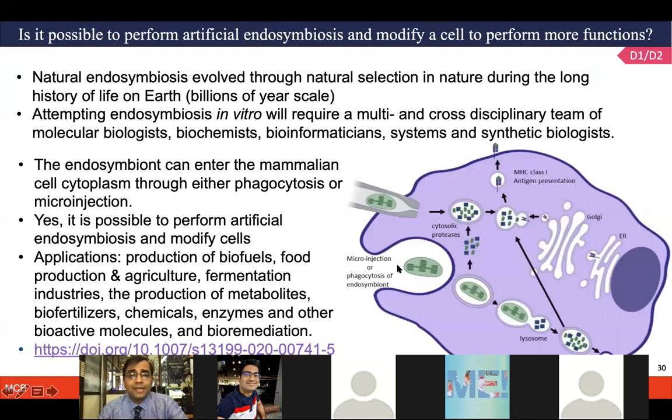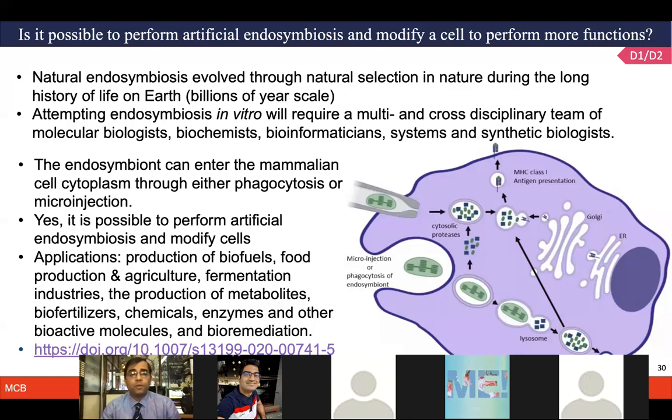Another question, a very interesting observation in fact from a student: is it possible to perform artificial endosymbiosis and modify a cell to perform more functions? I think you started thinking like a good researcher, which is excellent. But if you think about actual biology, the time scales of life science activities versus experimental activity are very different.